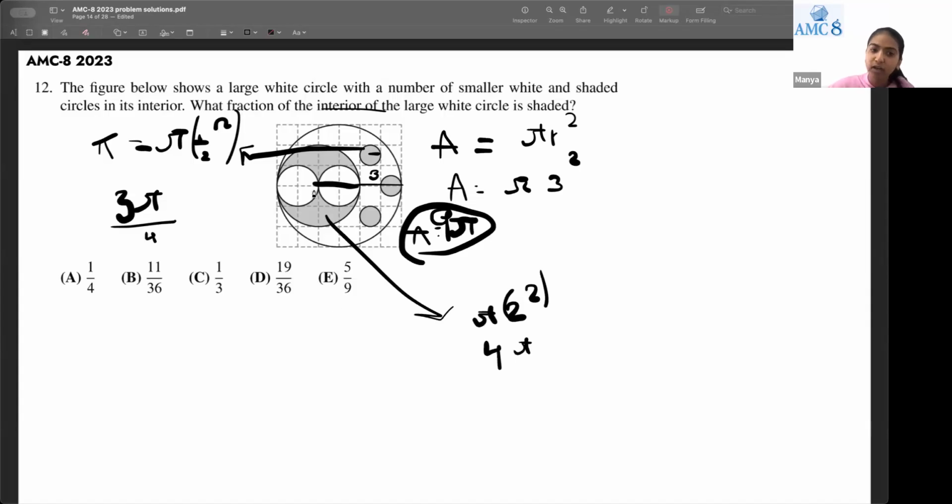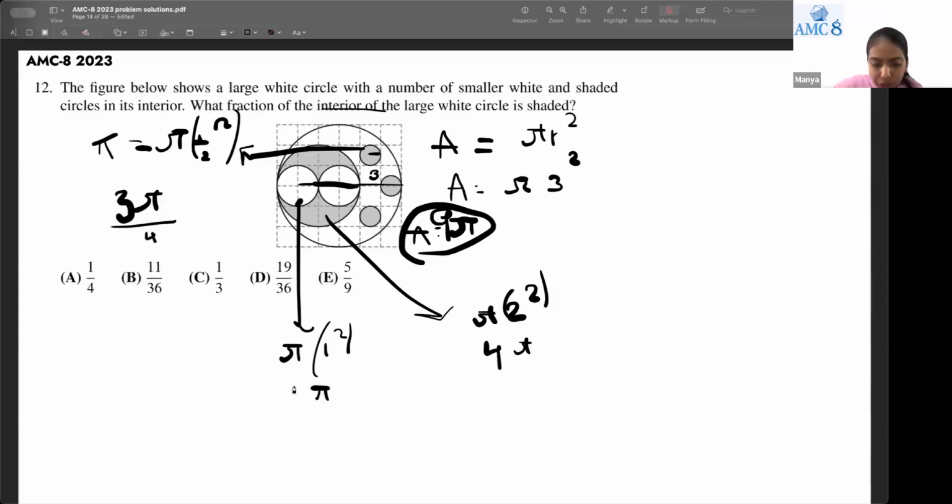And the area of these 2 smaller white circles inside of the shaded circle would be equal to pi times radius squared, which is pi times 1, which is just equal to pi. But remember that there are two white circles.